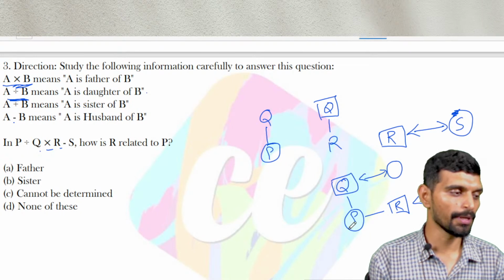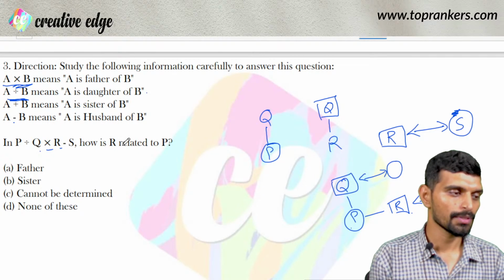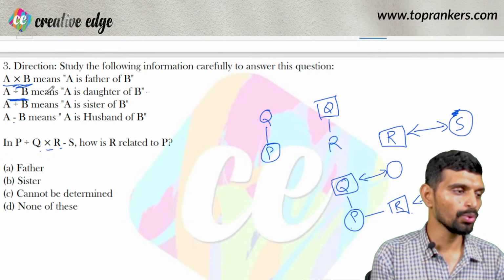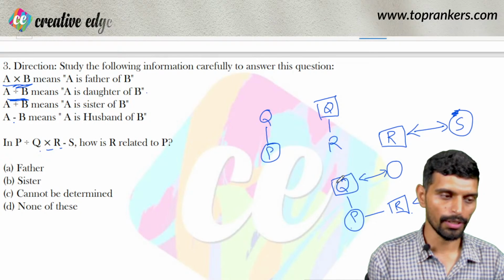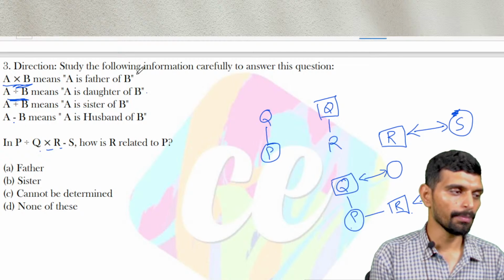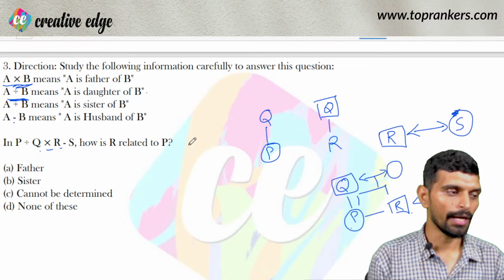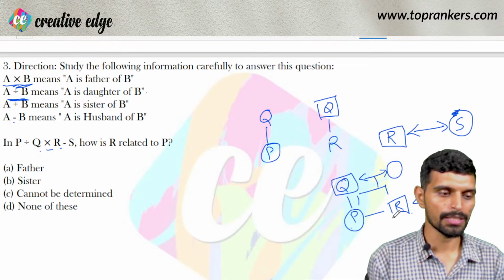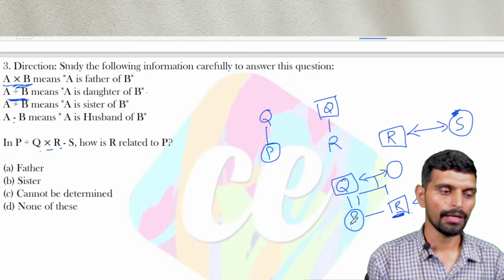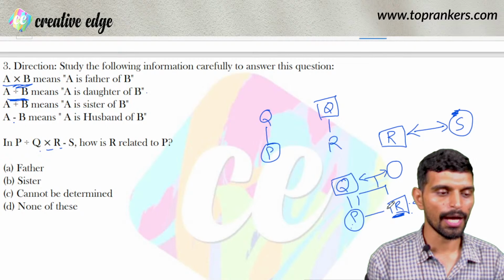So R is brother of P, right? See here, P divided by Q represents P is daughter of Q. Q into R represents Q is father of R. And R minus S represents R as husband of S. And now we need to determine how R is related to P. P is sister but R is brother.